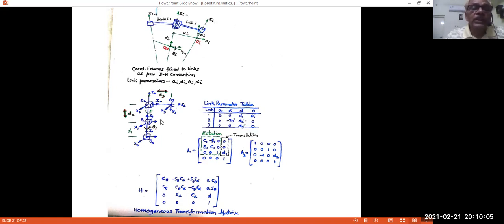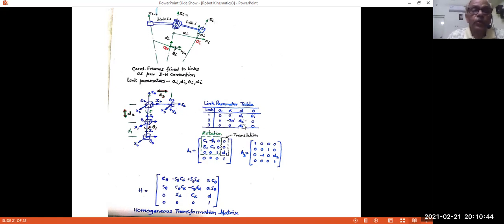Now, d2 is the distance from O1 to the intersection of X2 with Z1. X2 is here, Z1 to X2 is here. Up to that, from O_i minus 1. For the case of 2, i is 2, therefore O1. O1 to this distance is your d2. And that d2 is some finite length.